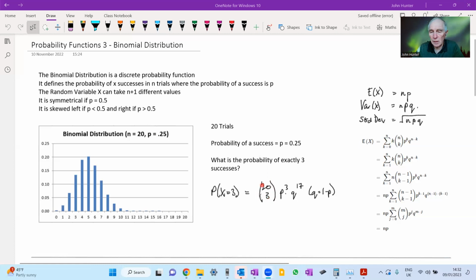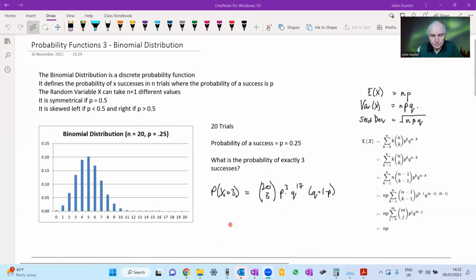That's 20 choose 3 times p to the power of 3. That's this. And then q, we sometimes use q for 1 minus p, is a little bit more concise, as long as we know what we're talking about. q to the power of 17. So perhaps see where this is coming from: 3 successes, 17 fails. So that's how we would calculate that.